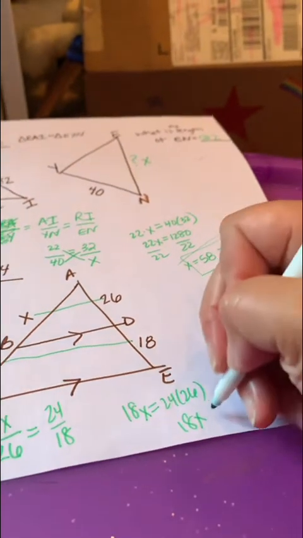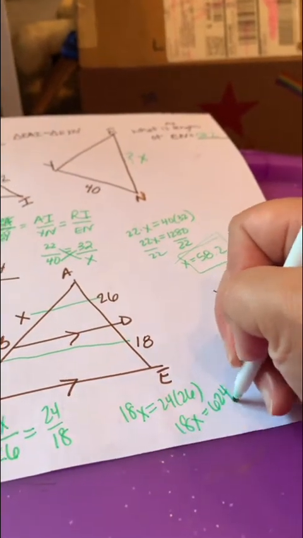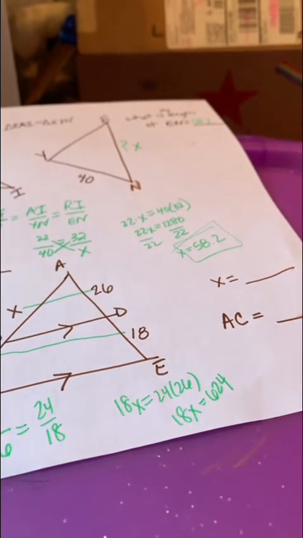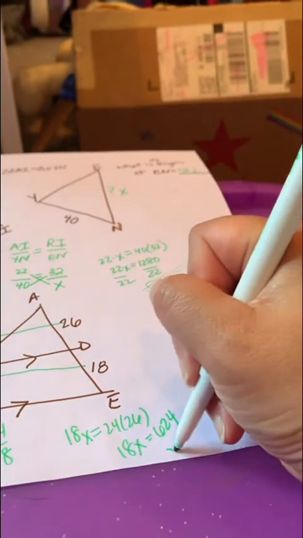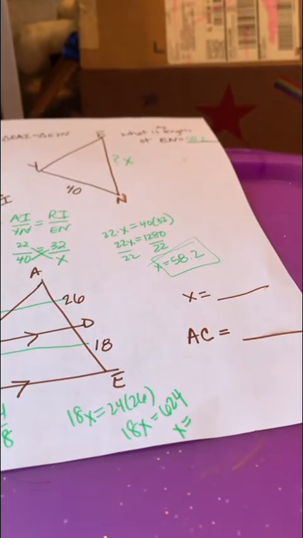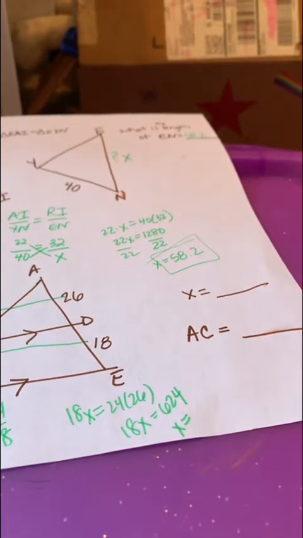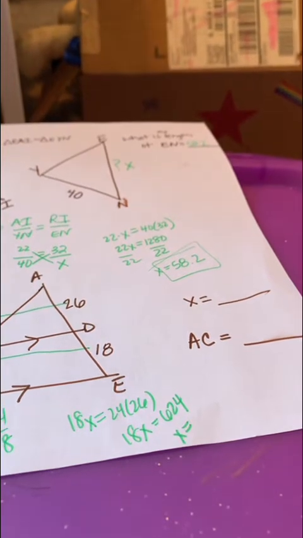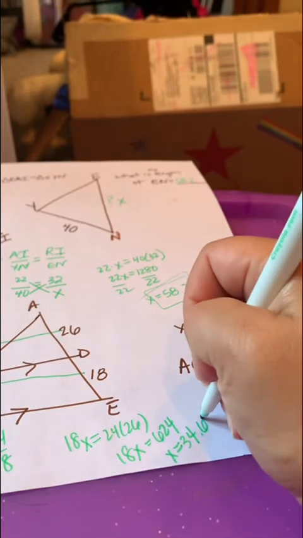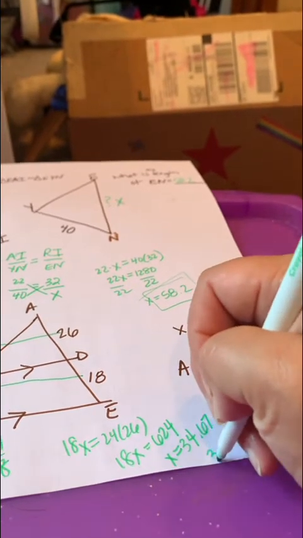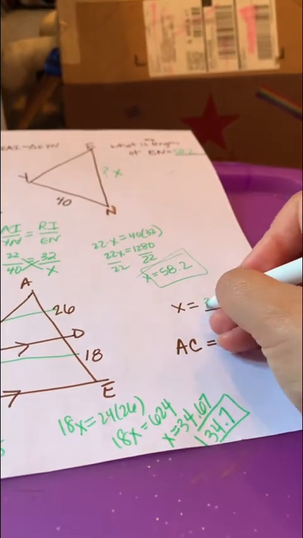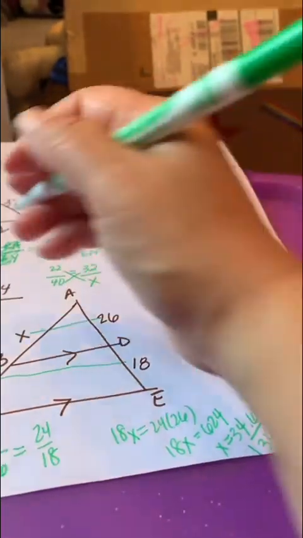I got 624 divided by 18. Again, you get a decimal, and that's okay. I got 34.67, or let's say 34.7. All right, so that's my x.